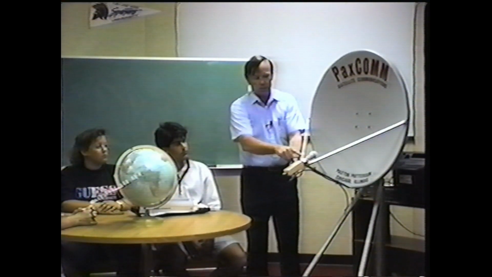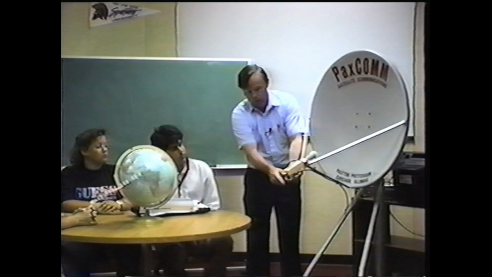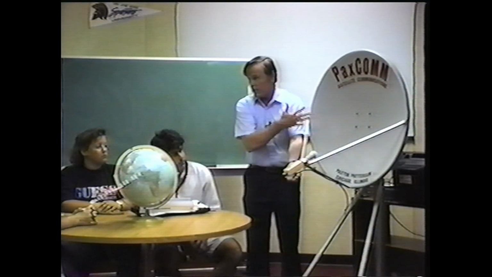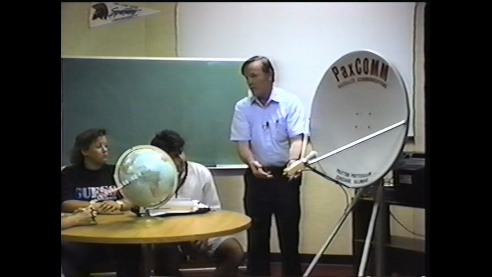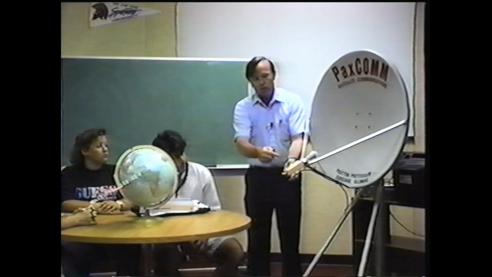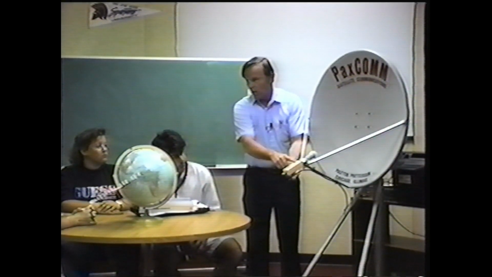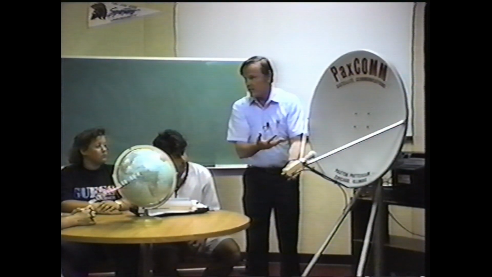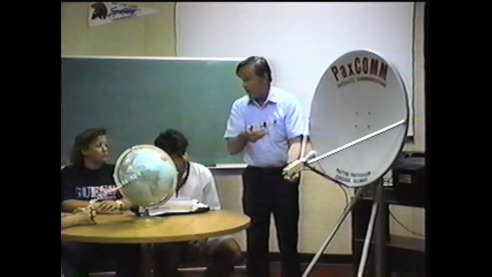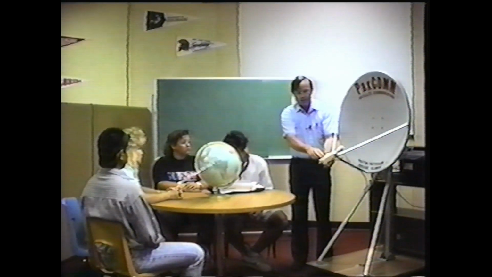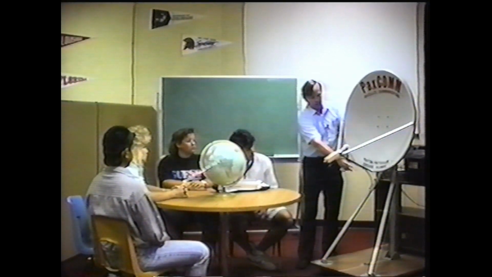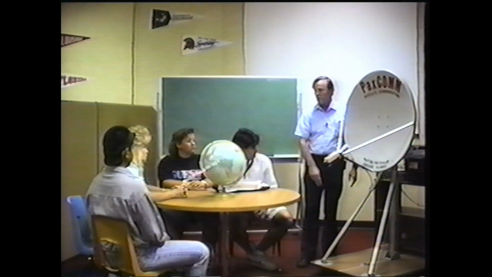If we were to try to carry this signal at the frequency that it comes in on over this cable, it wouldn't get very far. We'd lose it all. So this device lowers the signal frequency, or the rate at which it's operating, down to a frequency that can be transmitted down this cable to the receiver.